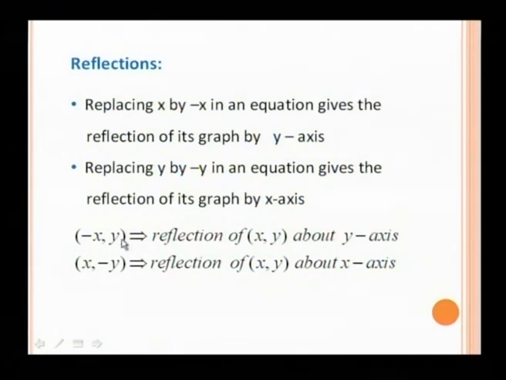So we can say that if we have the ordered pair minus x, y, then it's the reflection of x, y about the y-axis, and if we have the ordered pair x, minus y, then it's the reflection of x, y about the x-axis.